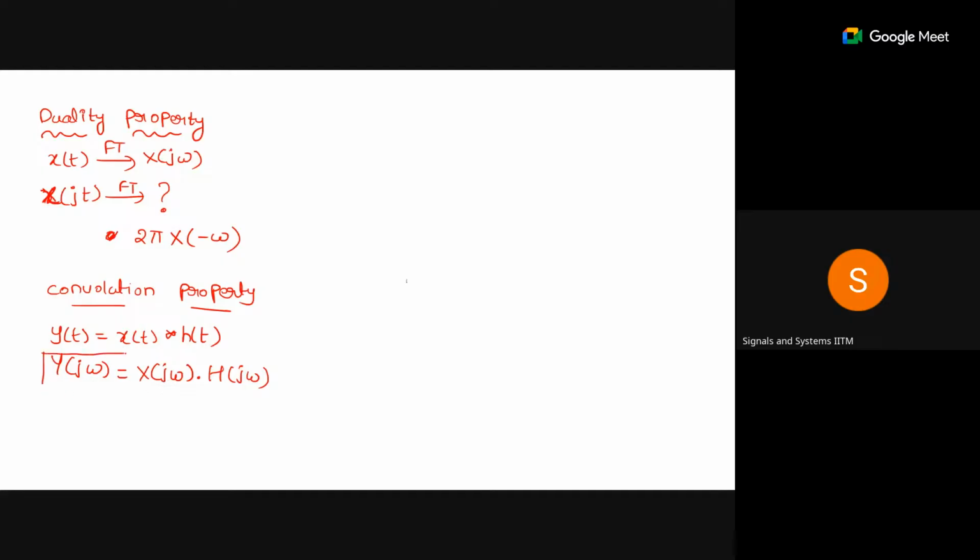So this h is the frequency response of a system, which can be written as h of j omega is equal to y of j omega by x of j omega. So frequency response is equal to the Fourier transform of output by the Fourier transform of input.